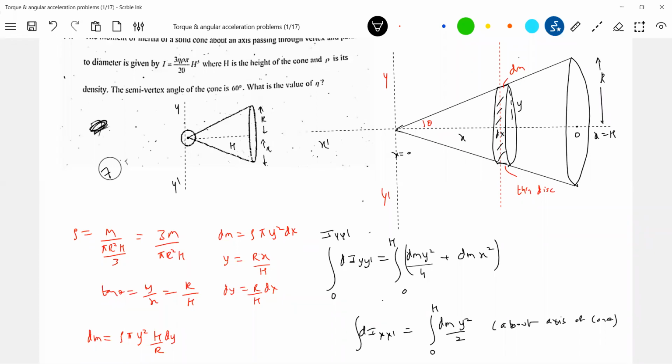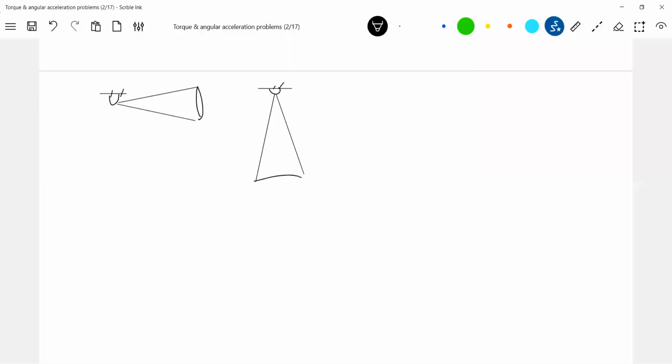And then, for such a cone, see how the application questions will be there. They'll take the cone and release it. Find the linear velocity of a point like O when the axis of the cone becomes vertical.